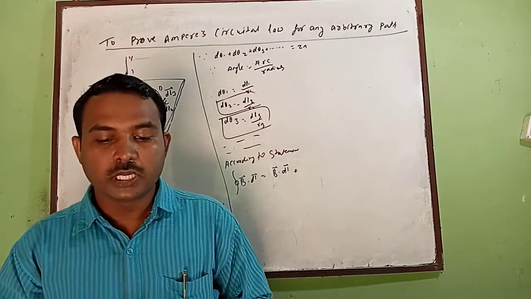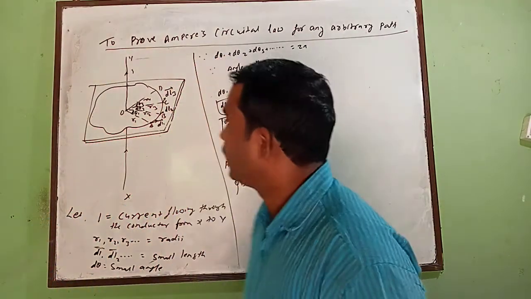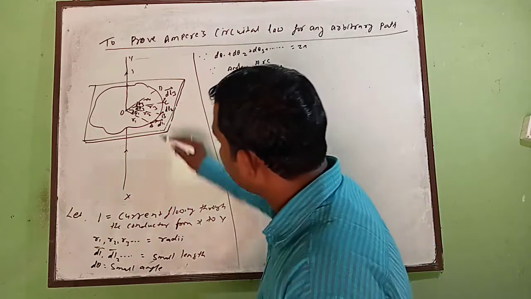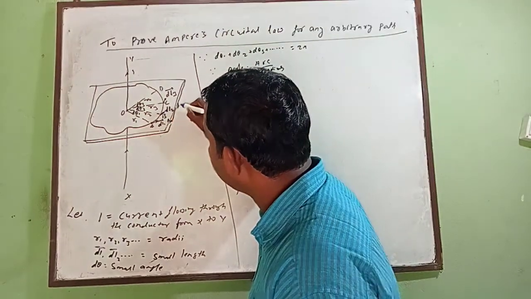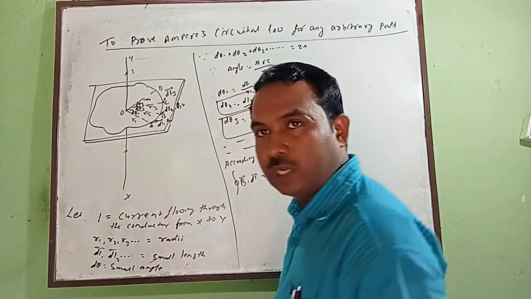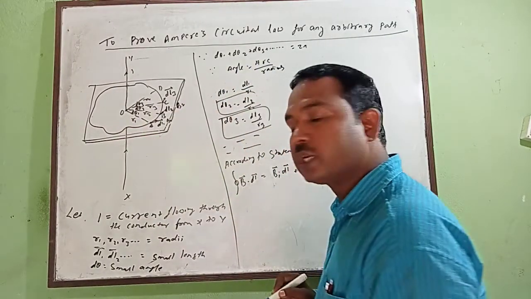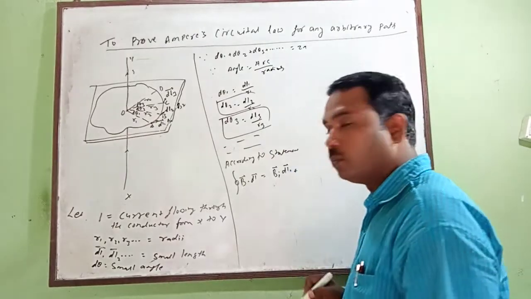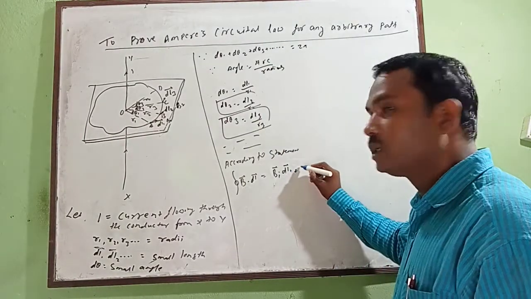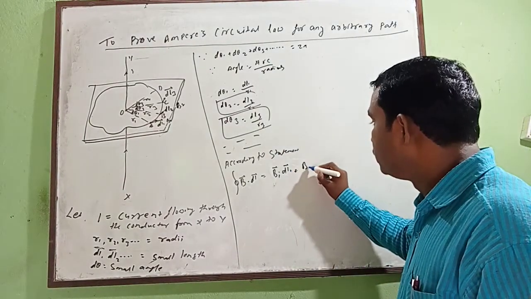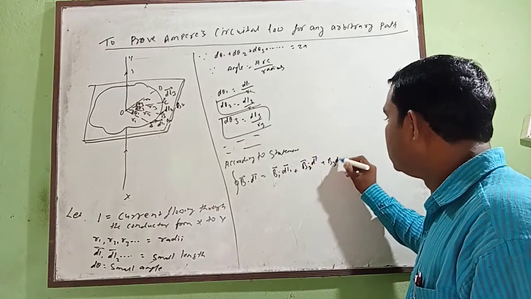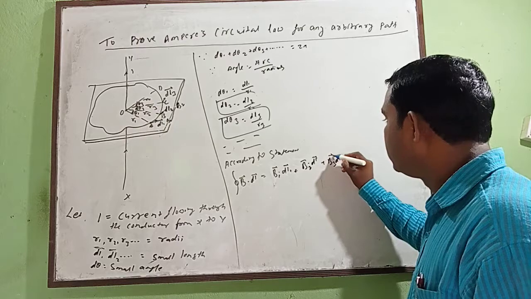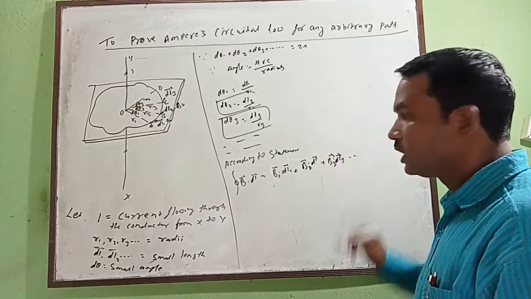Why give numbering? Because this element will have B1, here B2, B3, like that. Next, what will you write, tell me: B2 dl2 plus B3 dl3 like that, and these are dot products.